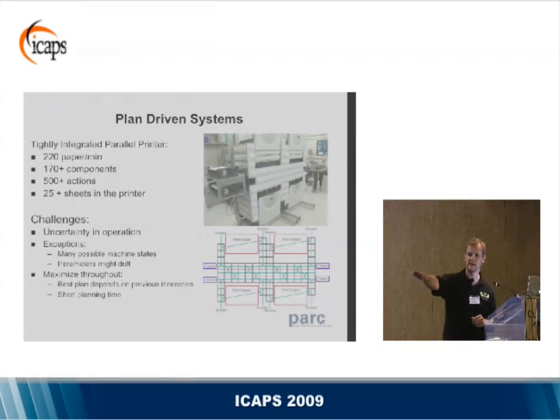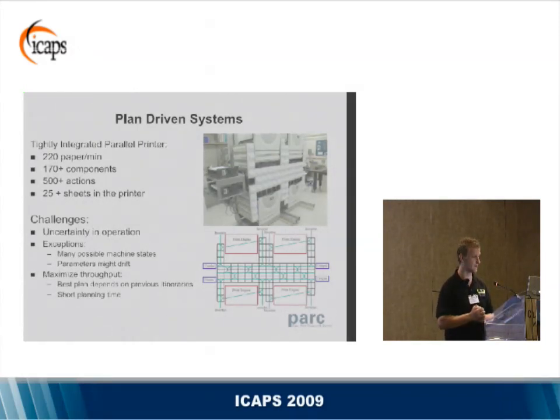Then the paper is traveling in the machine, and we have to decide where to route it, and then bring it to the output trays. Those systems usually have a lot of uncertainty because, as you know, even though Xerox doesn't really like to talk about it, those systems jam quite a lot.